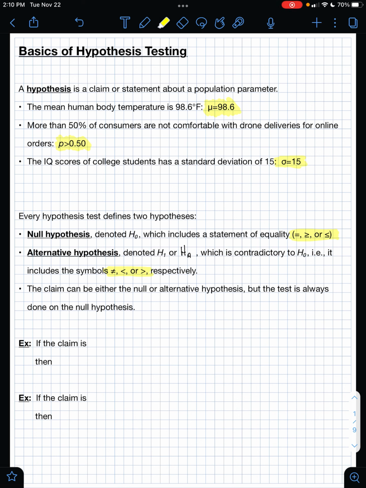That is to say, if the claim is that mu equals 98.6, then this would have to be the null hypothesis because it includes the statement of equality. And therefore, mu not equal to 98.6 is the alternative hypothesis.